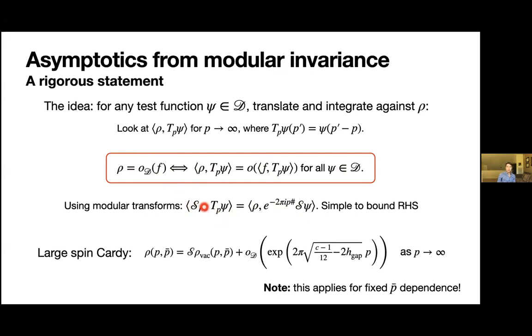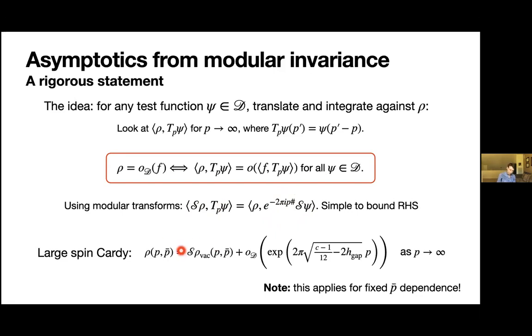If we want to talk about bounding some S transform, that's a Fourier transform, that's defined by moving the Fourier transform from the density onto the test function. But the Fourier transform of a translated test function is just this exponential phase times the Fourier transform of the test function. And you can easily bound this right-hand side. I won't go into the details, but it's relatively easy to start saying rigorous things using modular invariance.